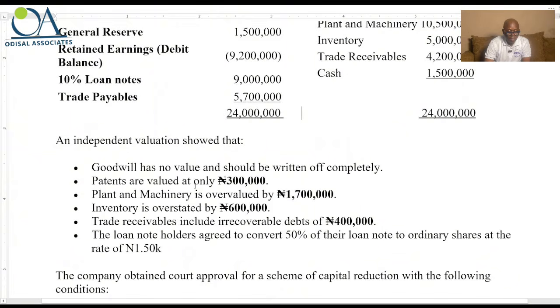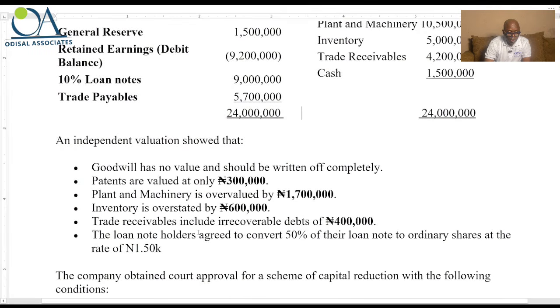Patents are valued at only 300,000. Plant and machinery is overvalued by 1.7 million. Inventory is overstated by 600,000. Trade receivables include irrecoverable debts of 400,000.